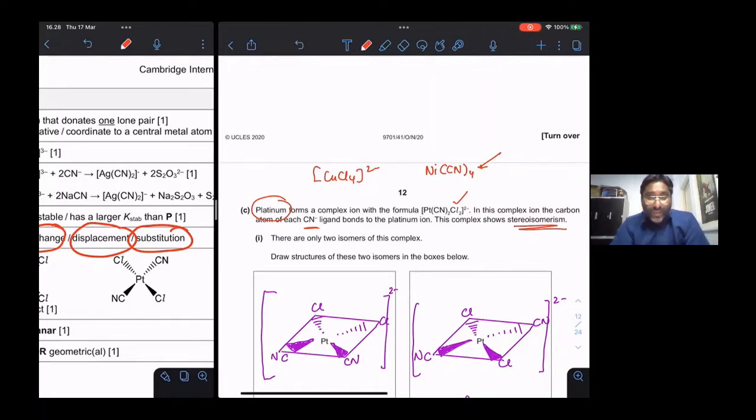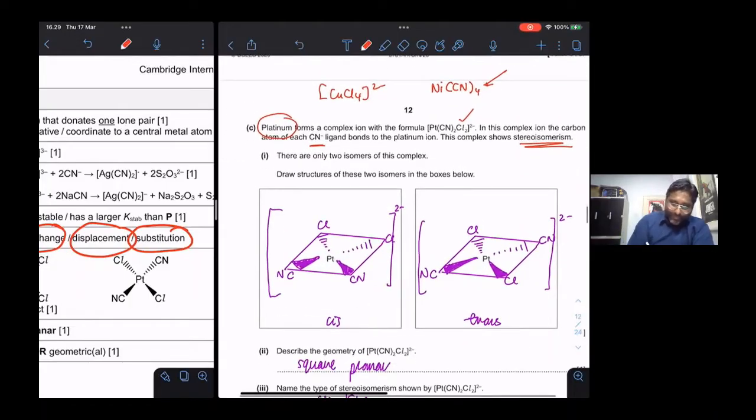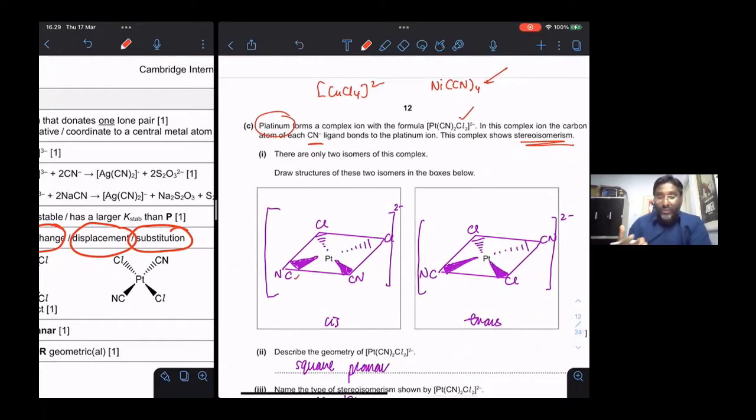We have 2 types of stereoisomerism: geometrical isomerism, which is cis and trans, and the other one, optical isomerism. In this case, there are only 2 isomers of this complex. I put the CN over here and CN over here, because I know it's going to be square planar, and then Cl and Cl.